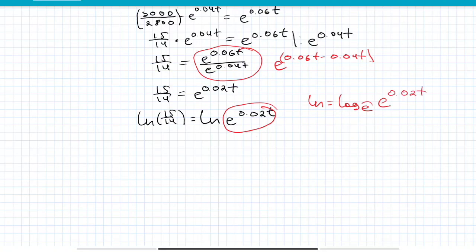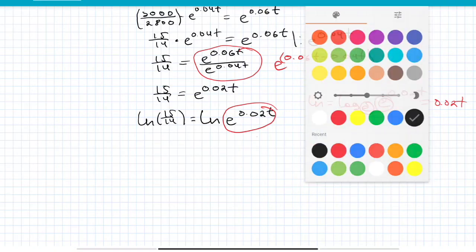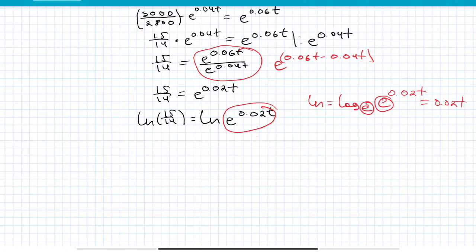So if the base is the same as the value inside, it means that we can just rewrite it as the power. So on the right we're going to have 0.02t, and on the left ln of 15 over 14.